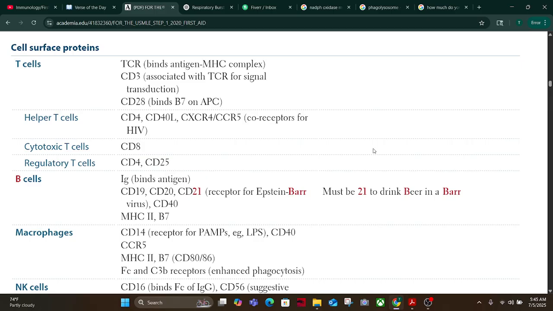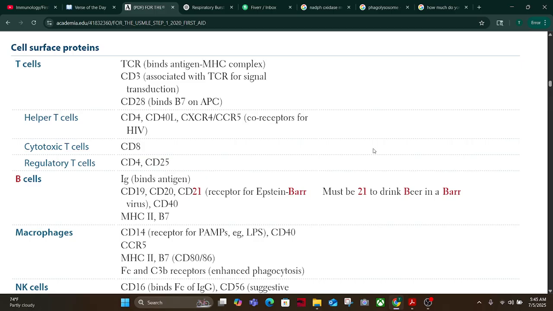CD40 and CCR5 are also on the macrophage. FC and C3b receptors are also on the macrophage. Macrophages have C3b and FC receptors on them.